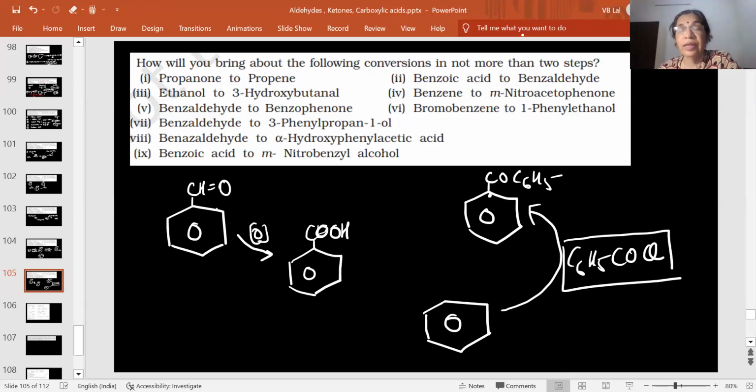From benzoic acid, if I heat it with NaOH and CaO, I get benzene. And benzene on acylation will give me benzophenone. So some little imagination is required, then only you will get the answer correctly.